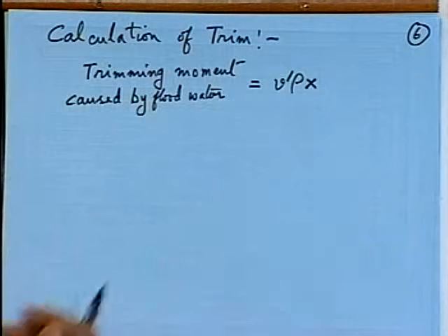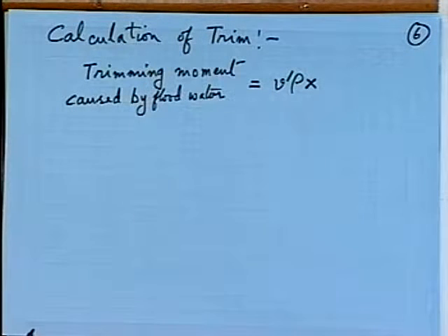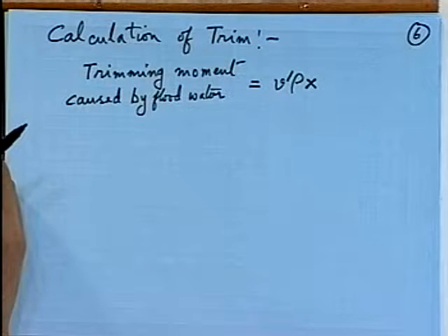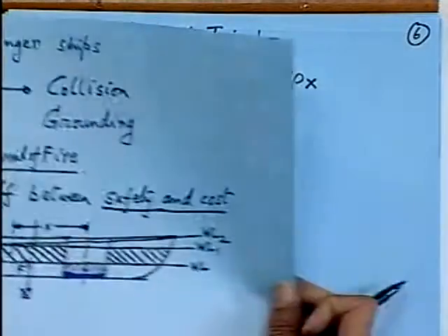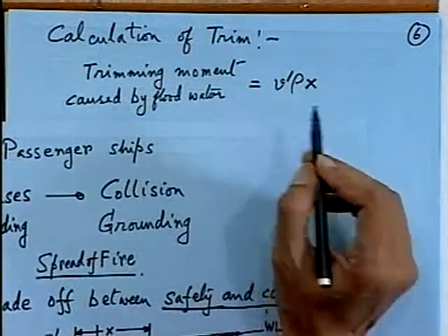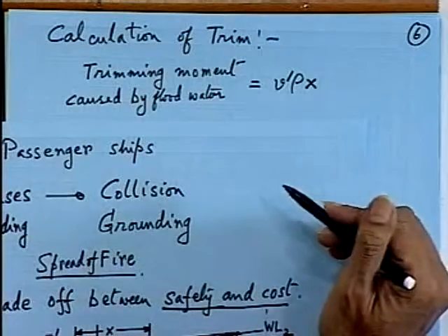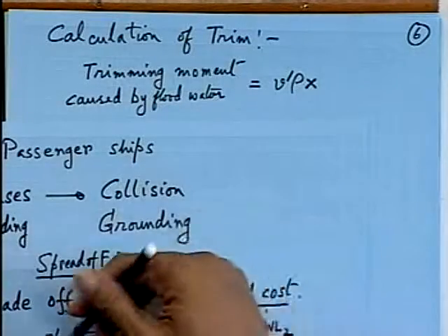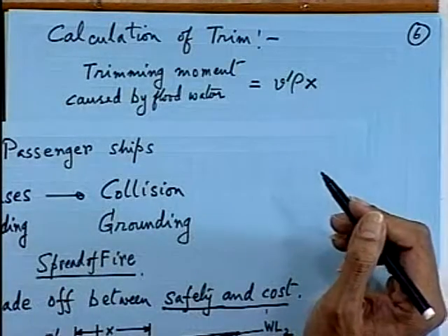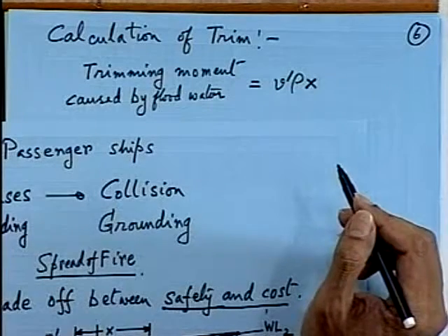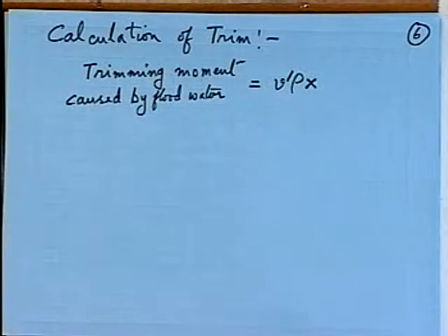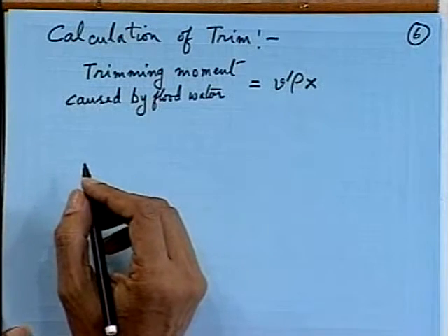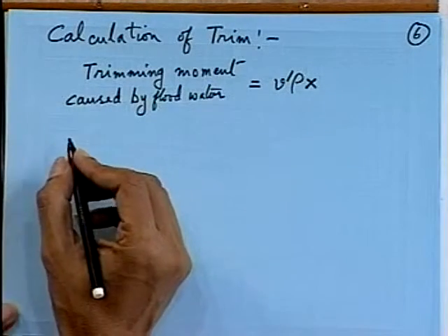Now the next problem is how to calculate this. Of course, we have got the value of V prime. Rho is the density of the flood water, and x, of course, we can calculate. You should remember that x lies midway between F prime and F1 prime.